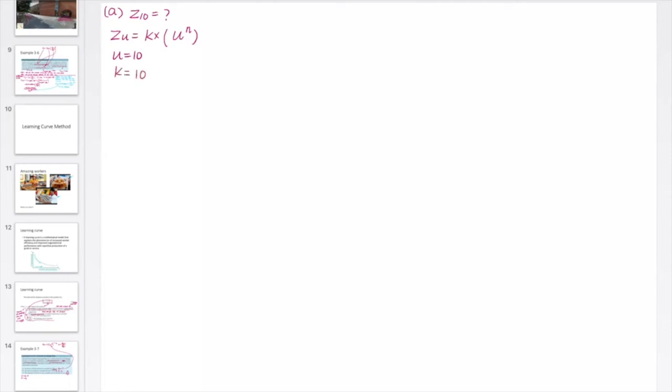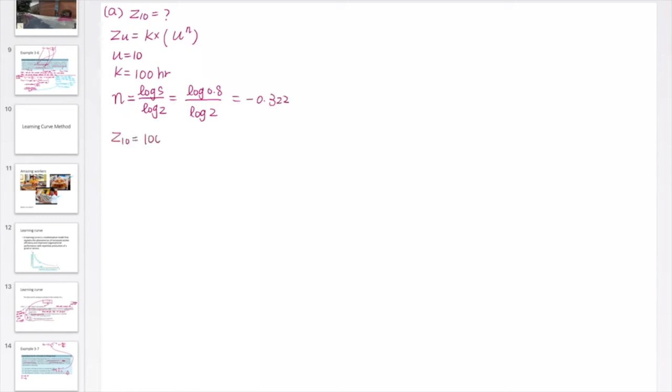K is 100 hours, and n is log S over log 2. S is 0.8, so it's log 0.8 over log 2. This is negative 0.322. So it's easy to calculate.